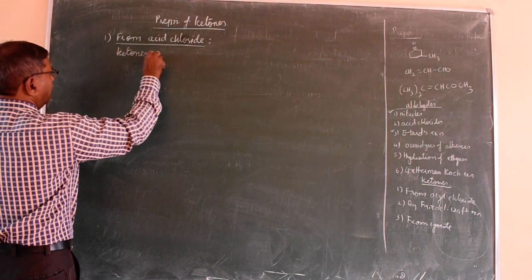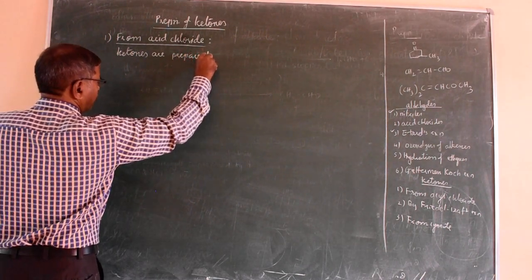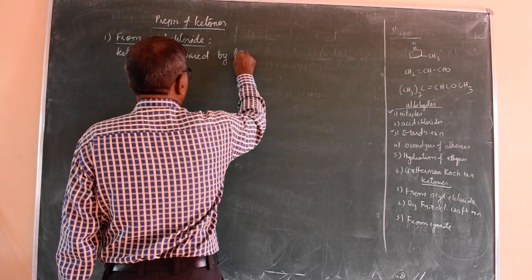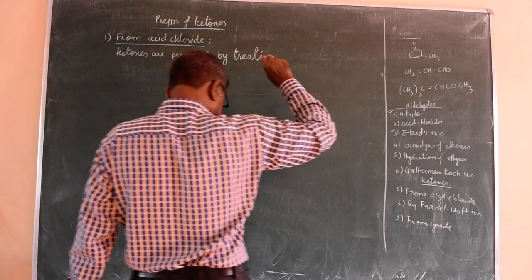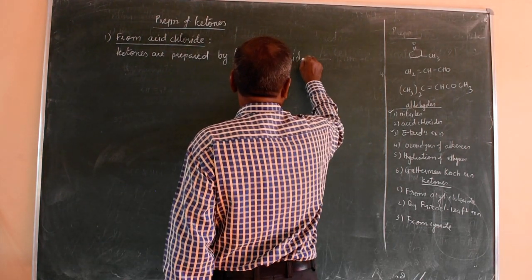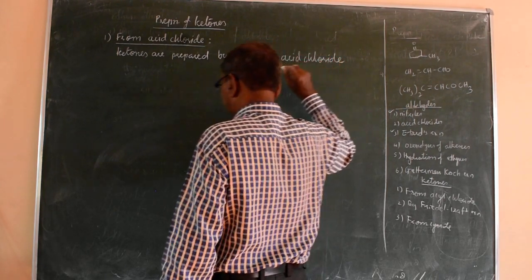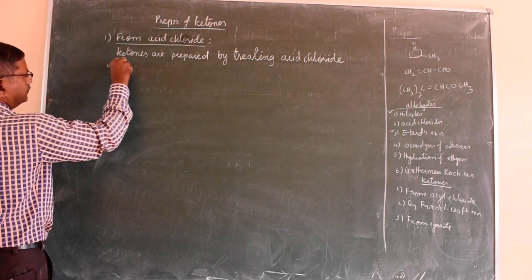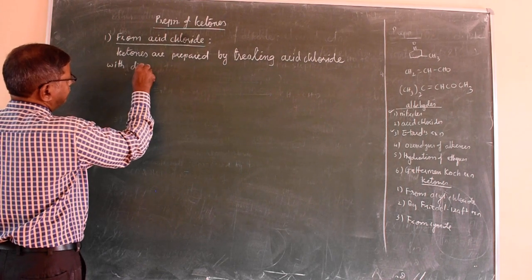Ketones are prepared by treating acid chloride with dialkyl cadmium.